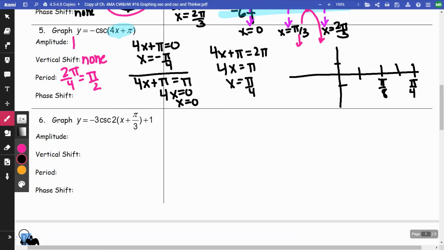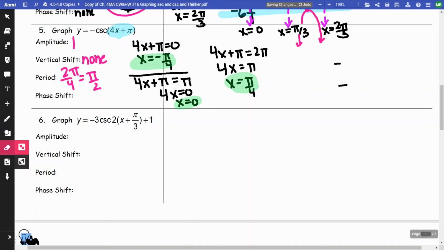And I also have my negative pi fourths. Wait, hold on a second. Sorry, I was starting it at 0, but it wasn't starting at 0. I'm starting at negative pi fourths, then I have 0, then I have pi fourths. So let me just start fresh here. Okay.